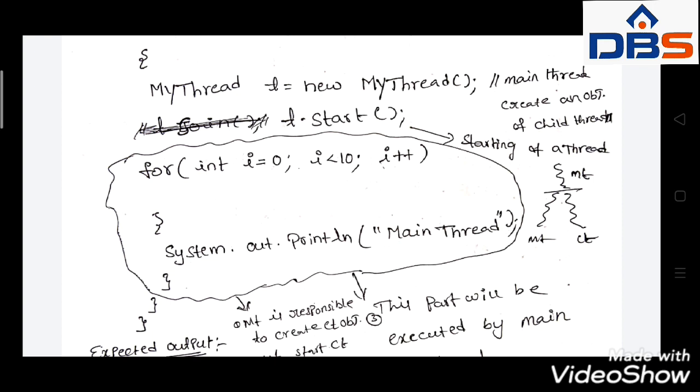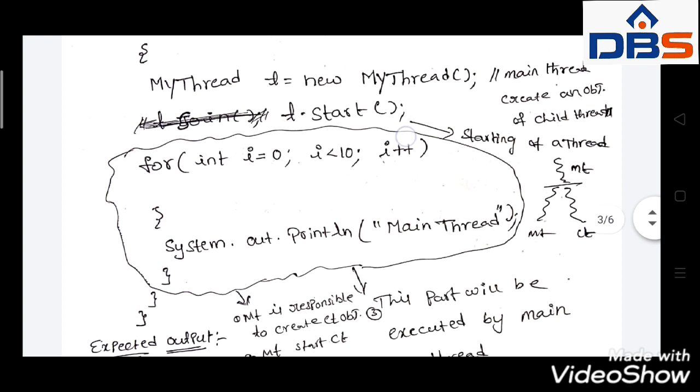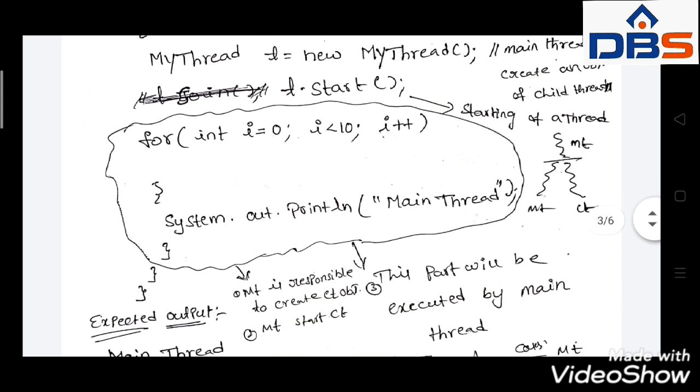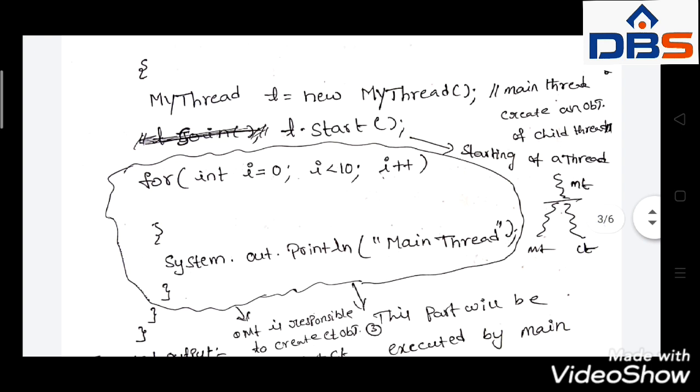When the compiler comes to t.start, the child thread is also created. This is the starting of the child thread. When the compiler comes to this instruction, we can consider one as the main thread and the second as the child thread.